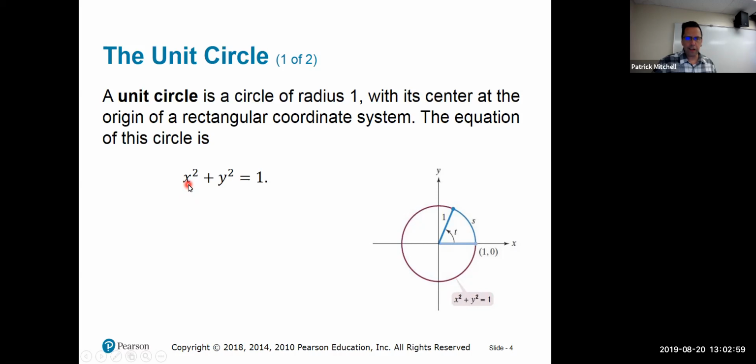So think of this as x minus 0 squared plus y minus 0 squared. And the radius would be 1. Remember, this number is r squared. So if r squared is 1, that means r is also 1. And we're going to use that unit circle to define our trigonometric functions.